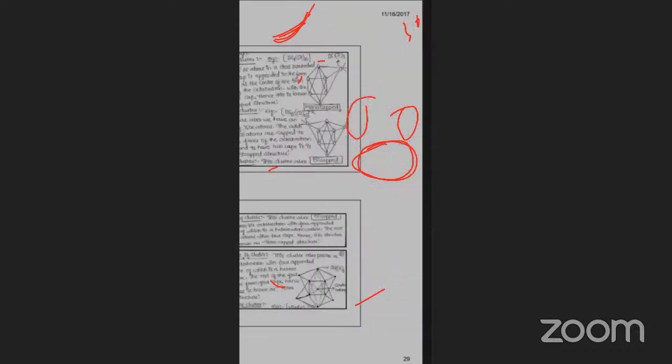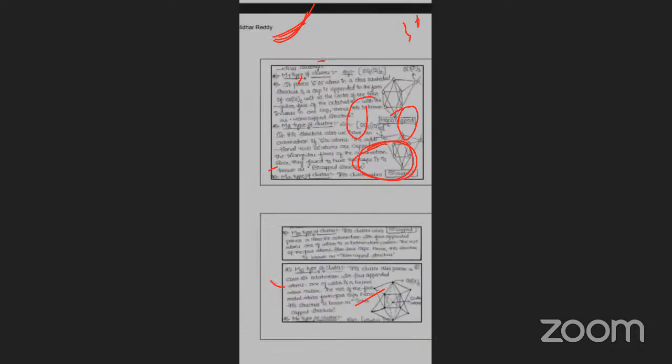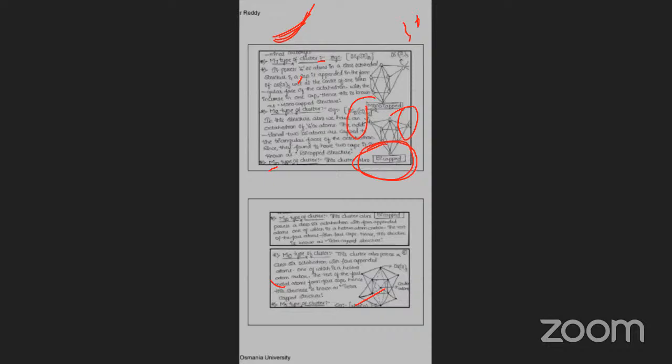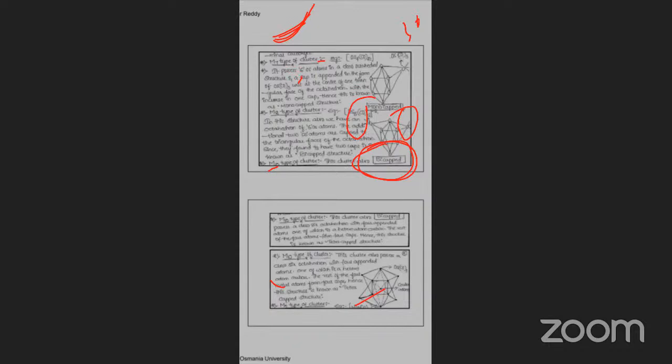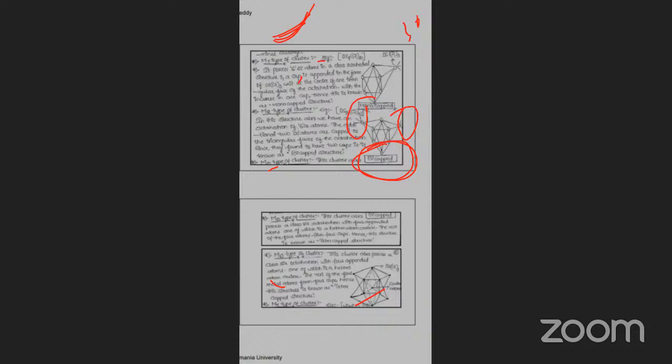Four Os(CO)3 units are increased. That is the M10 type of cluster, called a tetracapped structure. These are all closo-like structures, and closo is nothing but a cage-like structure.